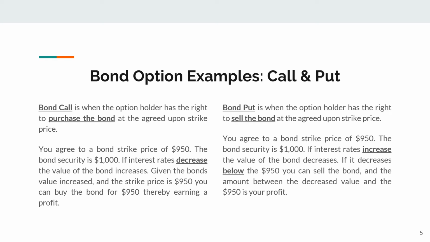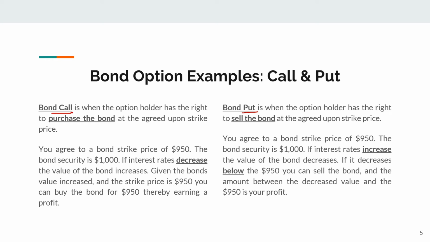Now, bond options are more prevalent in the financial sector, but given that this is a general Masters of Business program, it is important to understand, or at least recognize, that there are different types of bond options. So let's take a look here at a couple of bond option examples. You have what's called the bond call, and we have what's called the bond put.